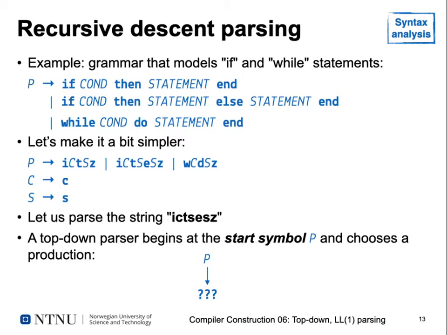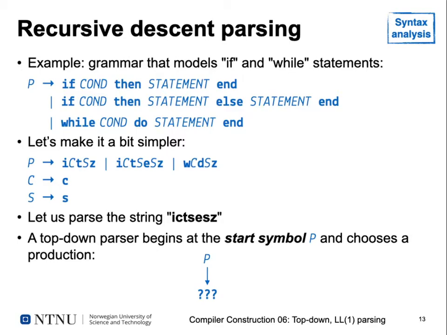Or we can include the else. That's why we used the z before. We wanted to use the e for the else. So we have i, then condition, then t for the then, a statement, then an e for the else, another statement, and a z for the end. Or we can have a while loop: w, C for condition, d for do, statement, and again a z for the end.